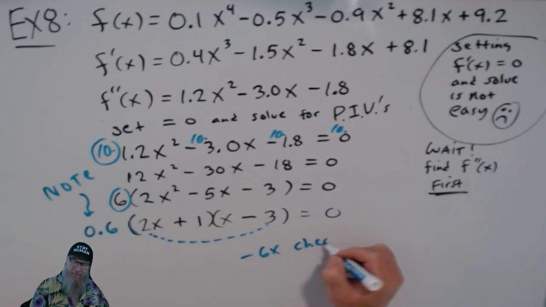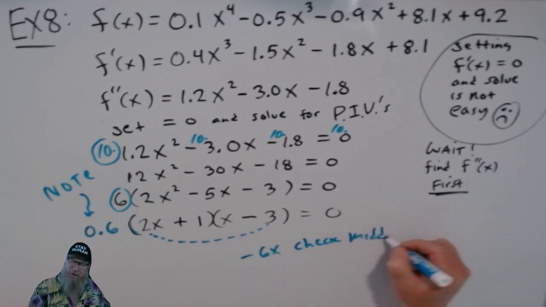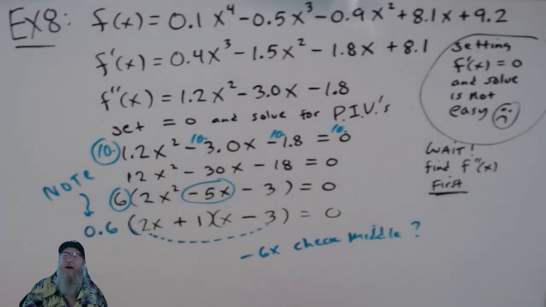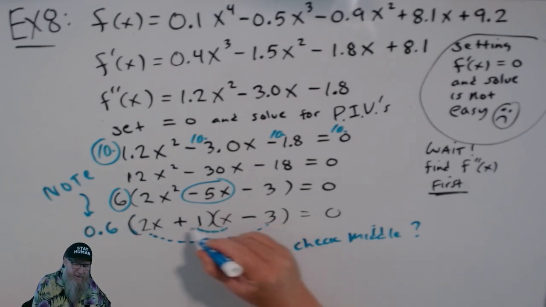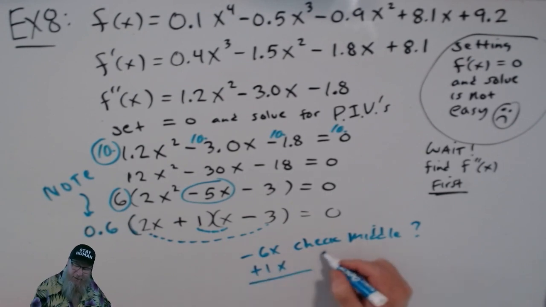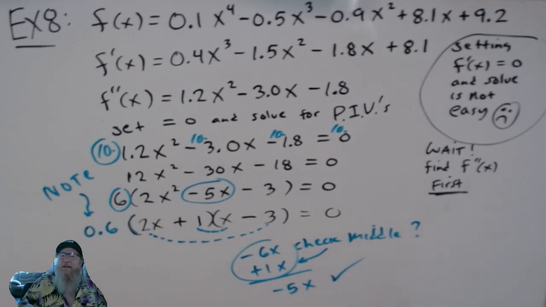I'm just checking. We call this checking the middle, making sure that it comes out to be -5x. And then +1 times x is +1x. And when you check this, it is -5x. All right.